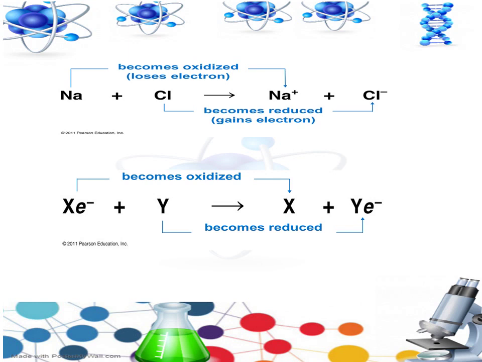Okay, when we look at the number 2 equation, you can see that X and e referring to the electron, and the product is X alone without electron, and the electron has been transferred from X to the Y. So what happened in this process? X is oxidized because it lost electron, and Y is reduced because it's gaining the electron from the X. Okay, as simple as that.